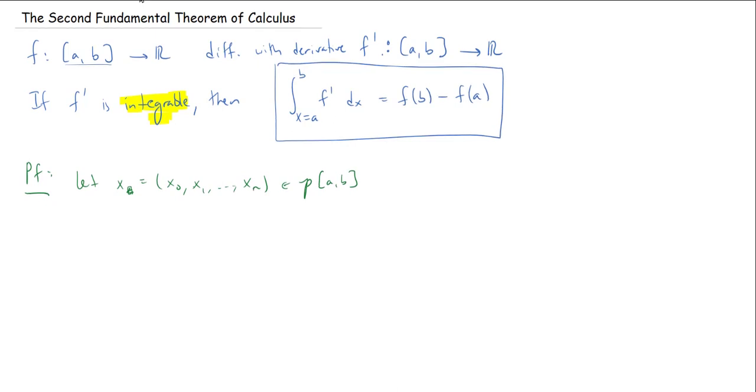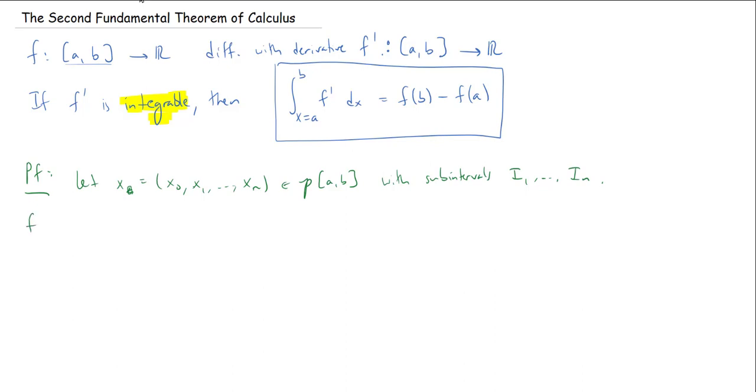And as usual, we'll define the subintervals I_1 through I_n. Now, we know that this function, the original function little f, is differentiable on the closed interval [a, b]. And that means that it's continuous on the closed interval [a, b], or on any of these subintervals.